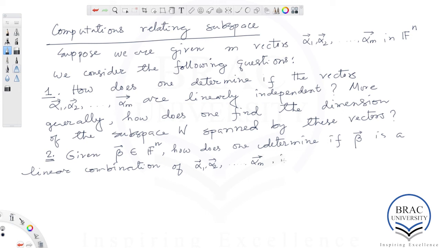That is, if beta lies in the subspace W spanned by these m vectors alpha 1, alpha 2, all the way up to alpha m. So this is the second question.